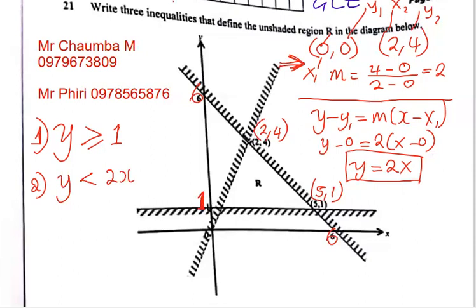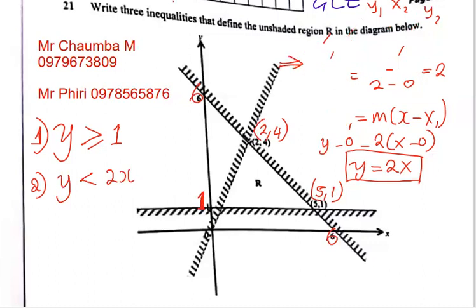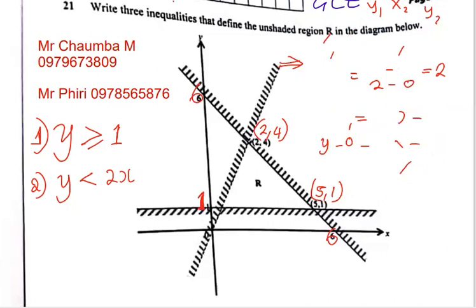Then I can do the second one also. If I do the second one, it will actually be the same process as this one, where we'll have to identify 2 coordinates, 2 points.